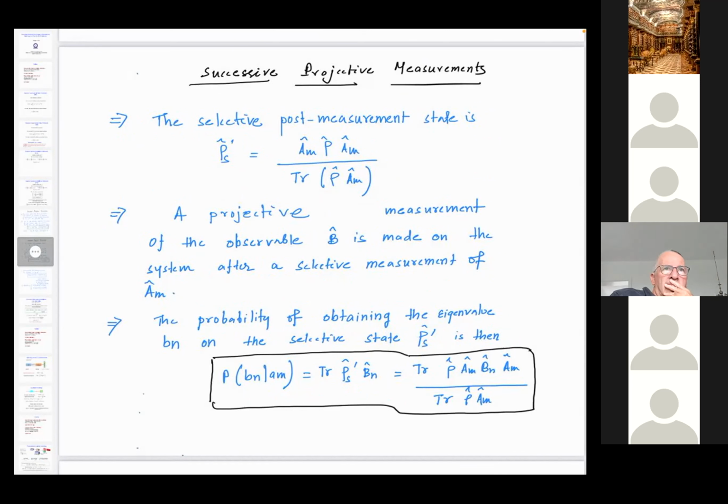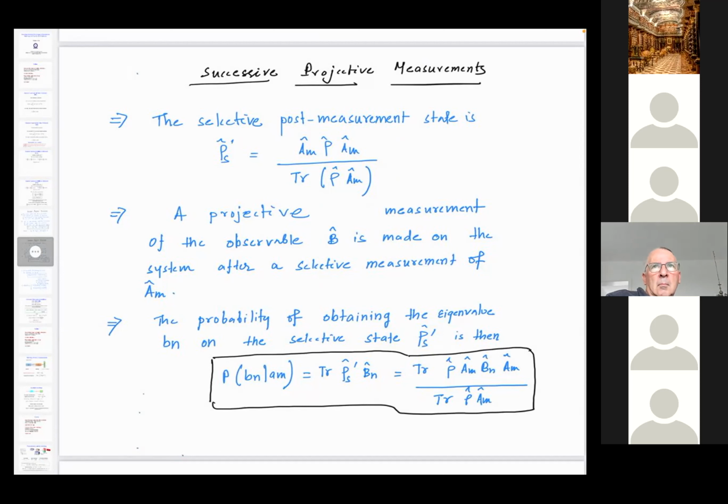So what are we doing? We are first measuring AM, then checking what the post-measurement state is. Then, after having the post-measurement state, I'm applying another measurement, which is BN, and this AM and BN are not mutually compatible. This is why you can't shift the ordering.